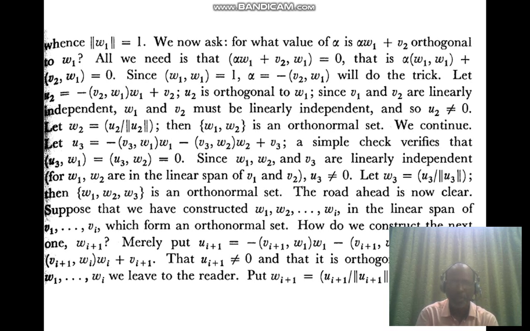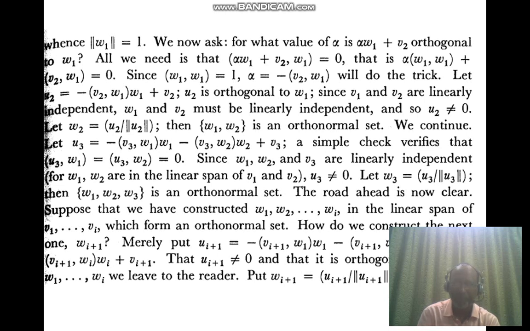So we construct w3 as u3 divided by the norm of u3. Likewise, you proceed for w1, w2, w3, etc., wn. With v1, v2, etc., vn, I can find w1, w2, etc.